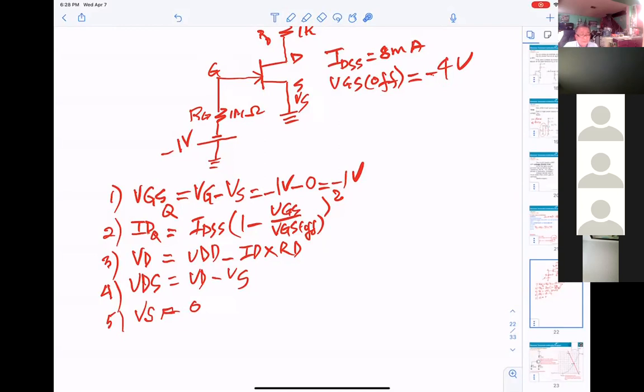In a properly working bipolar transistor amplifier, you have a forward biased base emitter junction where there's base current. In a properly biased JFET, you have a reverse biased gate source junction, so there is essentially no gate current.